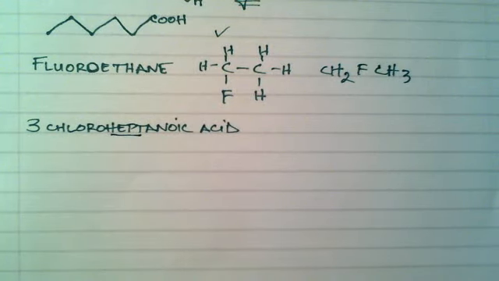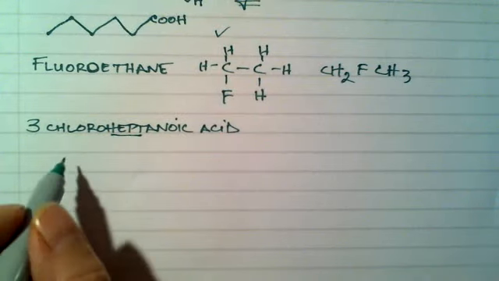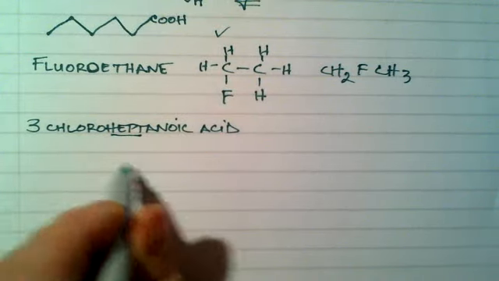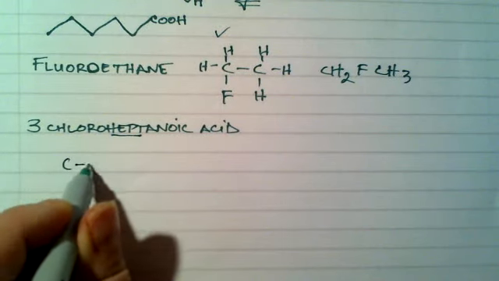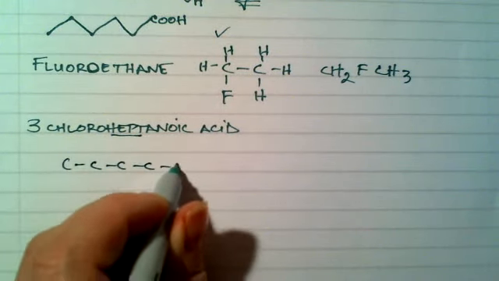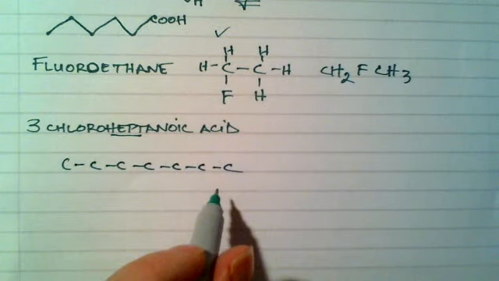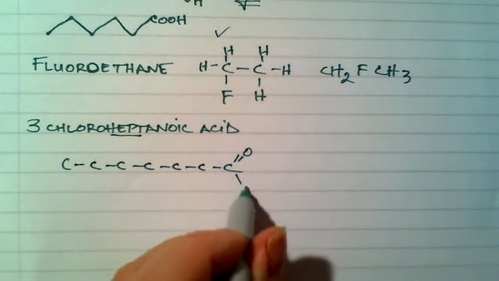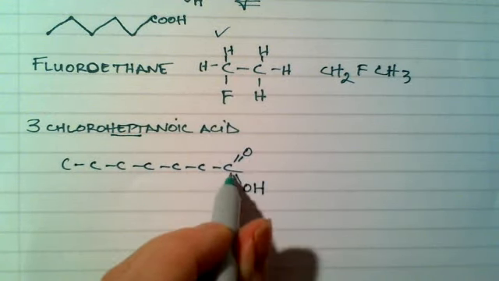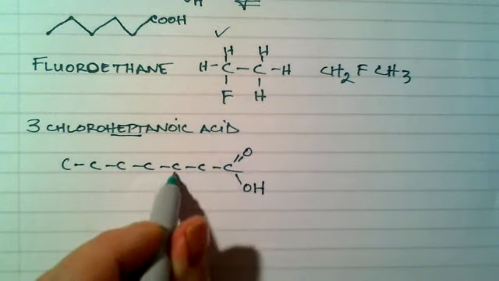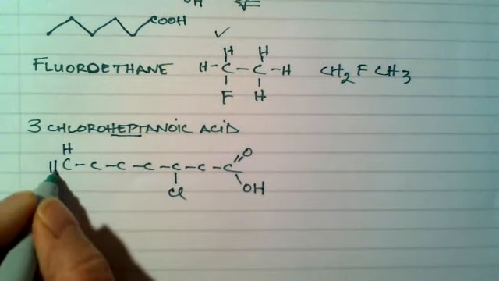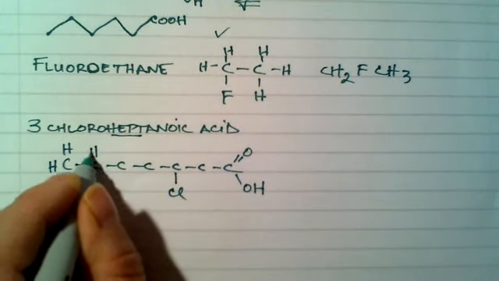The carbon number 1 will be part of a functional group at the end, and carbon 3 will have a chlorine on it. I'll do it here. 1, 2, 3, 4, 5, 6, 7. That's carbon 1, 2, 3, chlorine. The rest have hydrogen, so if you're asked to do the structural, don't forget to draw those in.